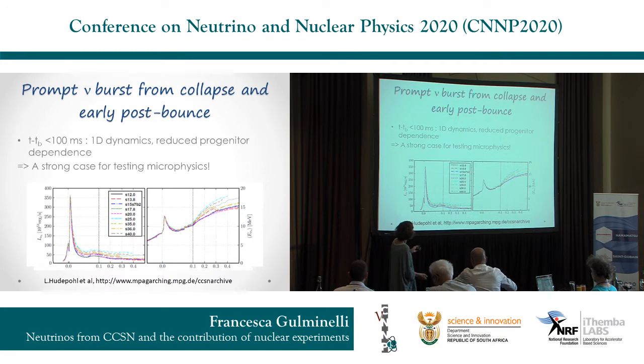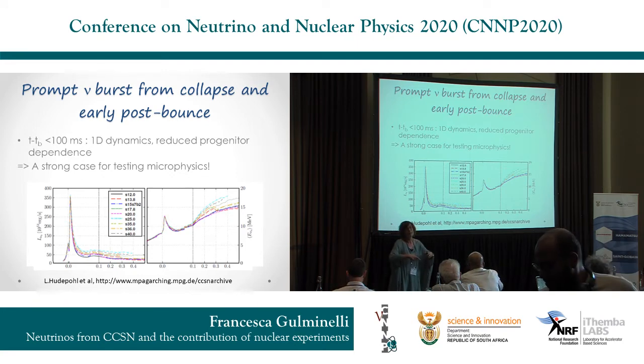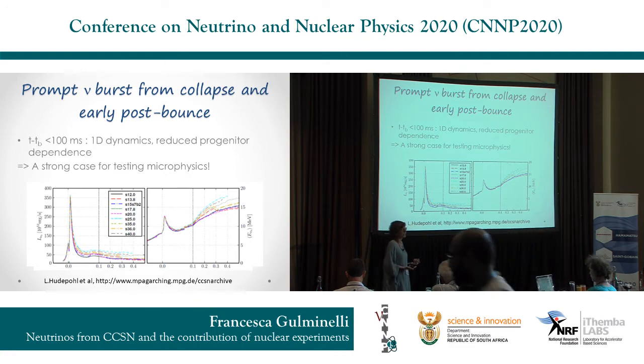So why this prompt neutrino burst is interesting for us? This is because if we restrict ourselves to the first milliseconds after the bounce, the supernova bounce, even some tenths of milliseconds, then it is a good approximation to consider that the spherical symmetry is preserved and there are no complex convections that play into the role, which means that one can model the process with the one-dimensional hydrodynamics, which is numerically much more stable and much more robust.